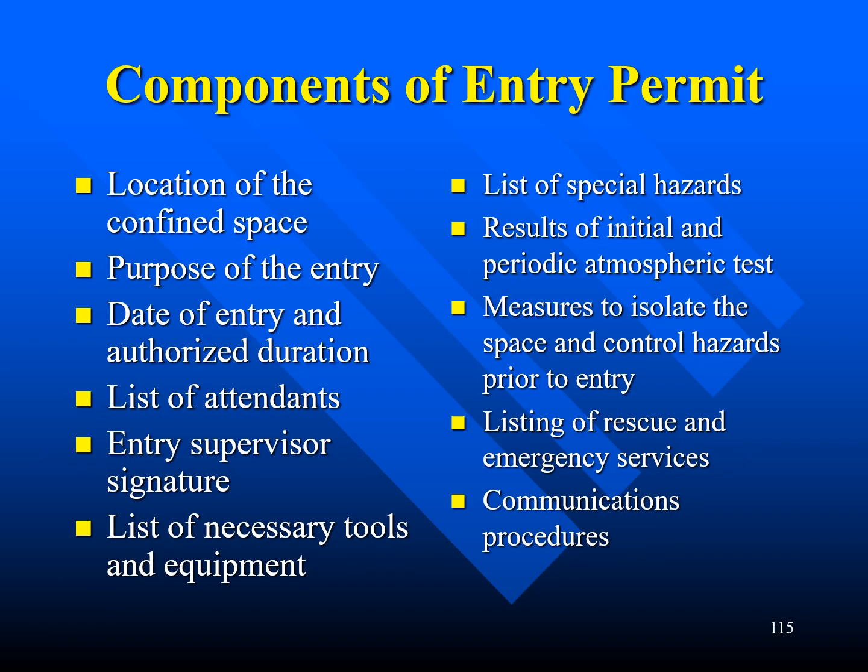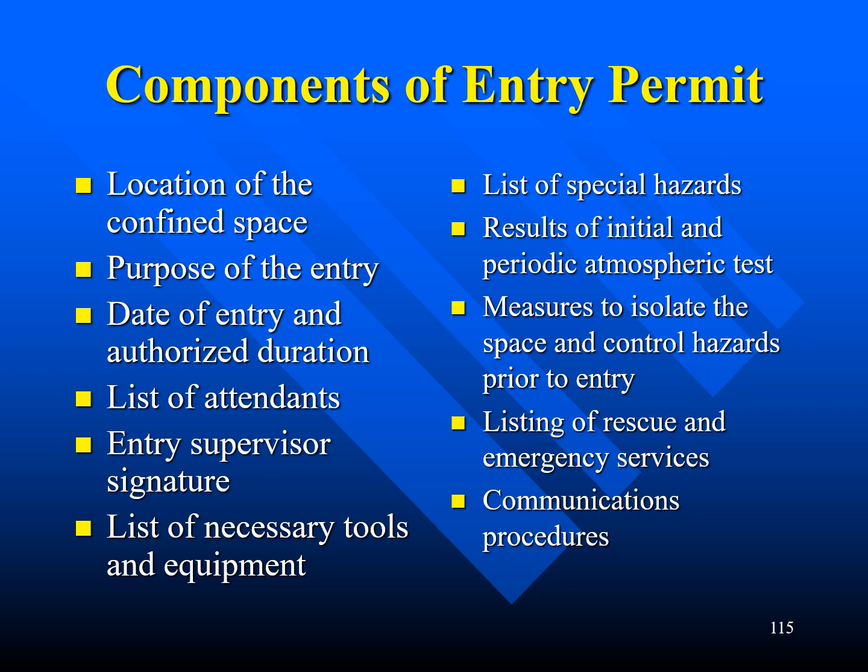Let's take a look at the components of a confined space entry permit. It would contain the location of the confined space, the purpose of the entry, the date of the entry and authorized duration, the list of the attendants, the entry supervisor's signature, the list of all necessary tools and equipment.